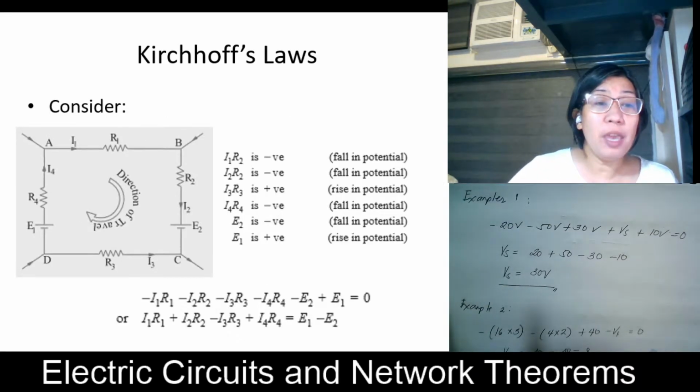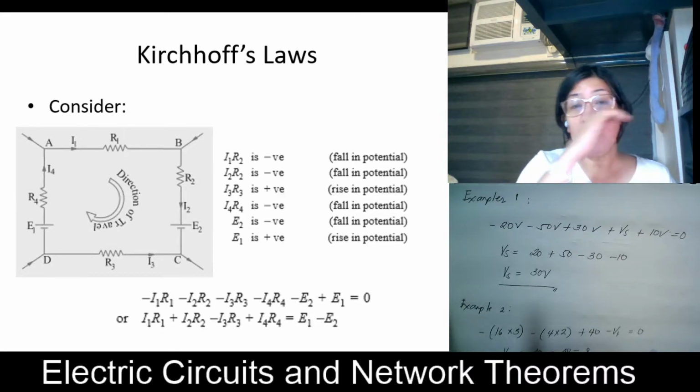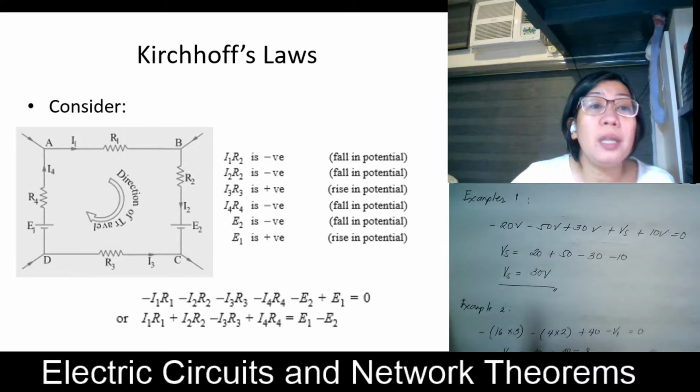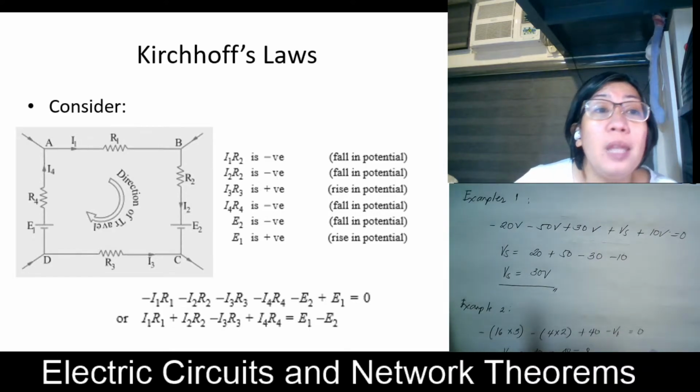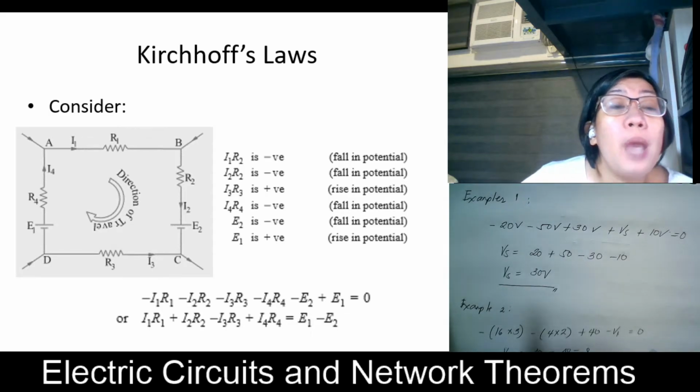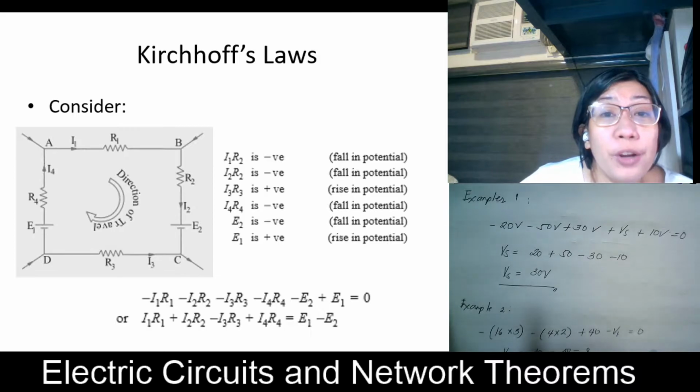So we have here, consider this loop. This is the direction of travel, and then we have here different directions of currents. At R1, where current enters, this is plus, therefore this is negative.